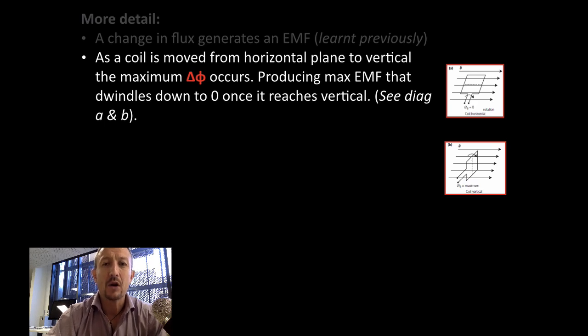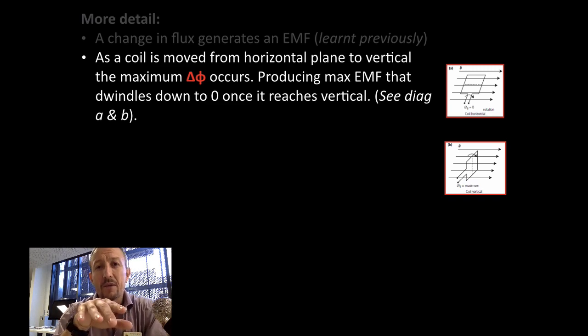Now if we look at these diagrams here, in the first diagram, diagram A, we've got our coil which is running in the same direction as the magnetic field. Remember that the field lines which are generated on the coil are going to be below and above. Those are the ones that we're interested in. They're running either parallel below or parallel above, and they'll either construct or deconstruct.